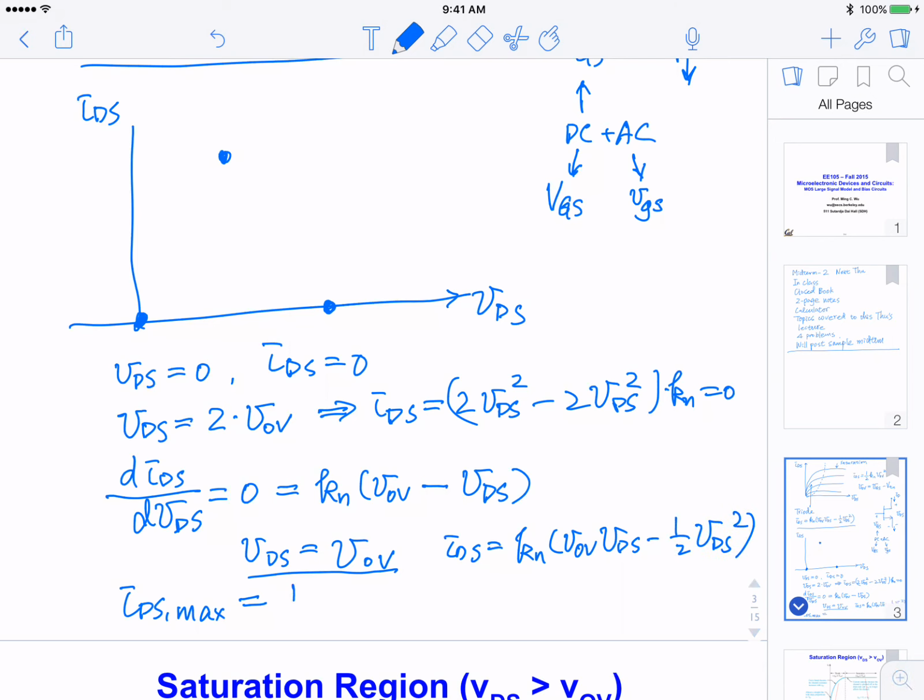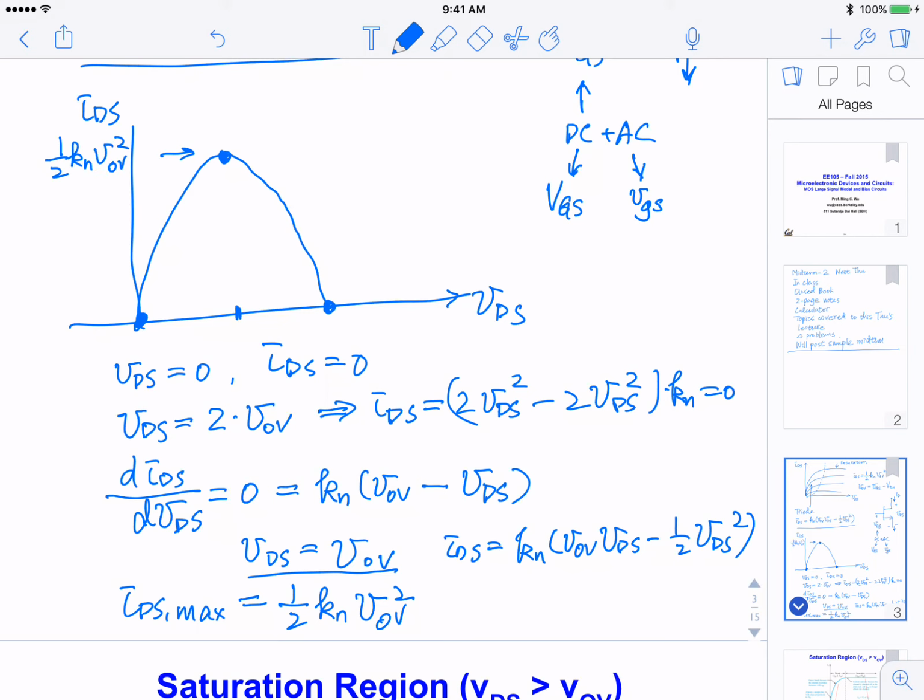So you get exactly 1/2 Kn V overdrive squared. So that's this value here. So it's a parabolic curve, okay? And this value here is 1/2 Kn V overdrive squared.